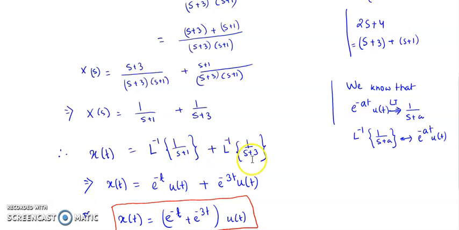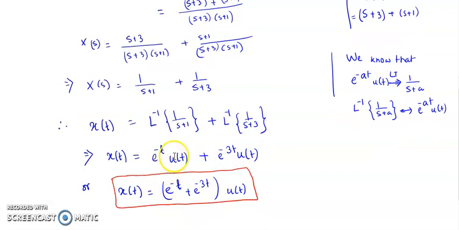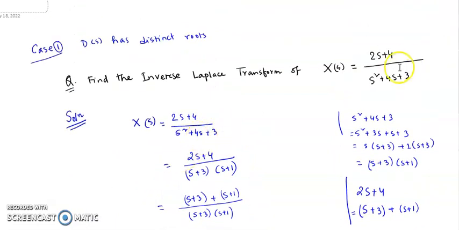Here a = 1 and here a = 3. Putting a = 1, we get e^(-t)u(t). Putting a = 3, we get e^(-3t)u(t). Taking u(t) common, we can write (e^(-t) + e^(-3t))u(t). This is the inverse Laplace transform of the given function X(s) = (2s + 4)/(s² + 4s + 3).